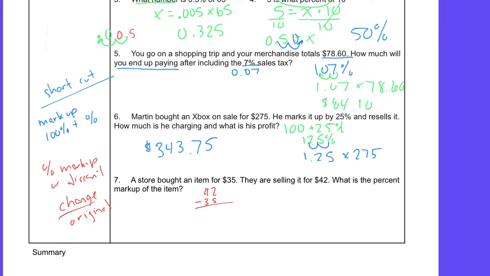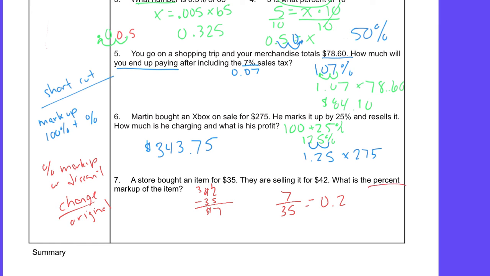So let's see, borrow, 12 minus 5, 7, 3 minus 3, 0. So it changed in price by $7. So my change is $7. The original price was $35. And then I can put that in my calculator and I get 0.2.